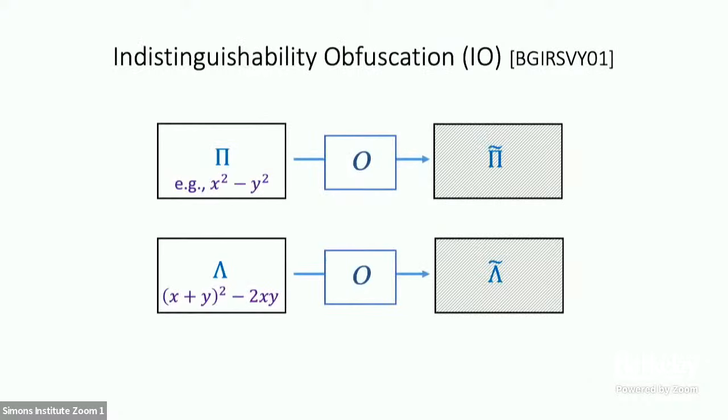And therefore, we look at a much more realistic and humble goal called indistinguishability obfuscation, or IO for short. And it only guarantees the following security property: that if we started with two programs that really compute the same function, for example, these two ways of evaluating the same polynomial, then we want their obfuscations to become hard to tell apart.